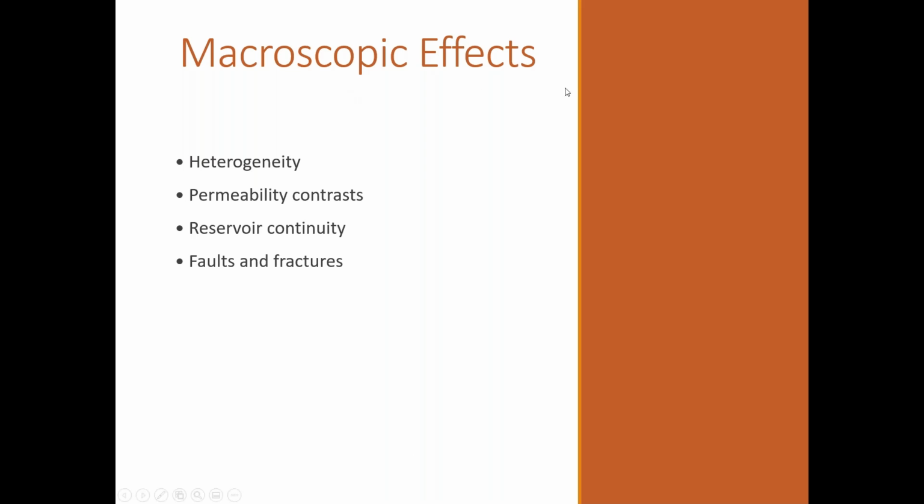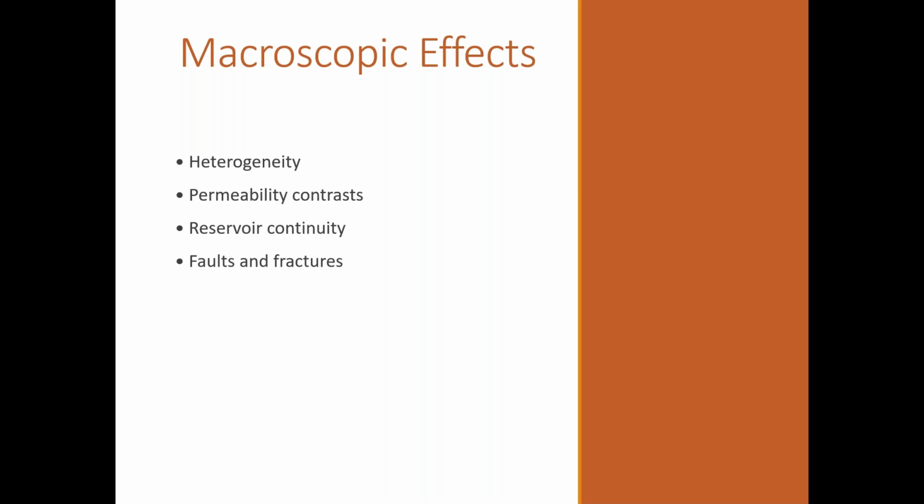So we start with the macroscopic effects. If the reservoir is not heterogeneous, the permeability contrast is not that much, one part of the reservoir is connected to another part, and the reservoir is not faulted or fractured to an extent, then we can say this particular reservoir is well suited for any water flooding.